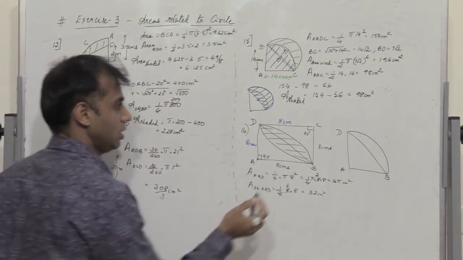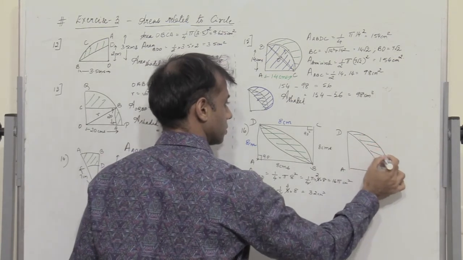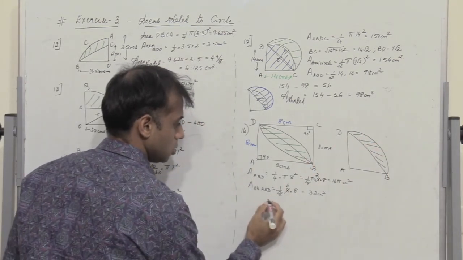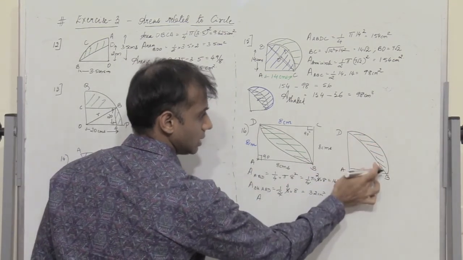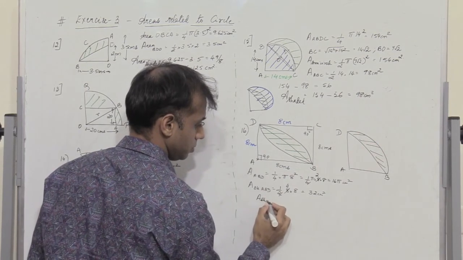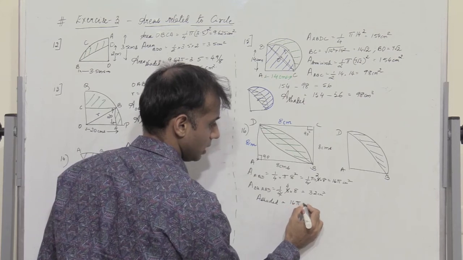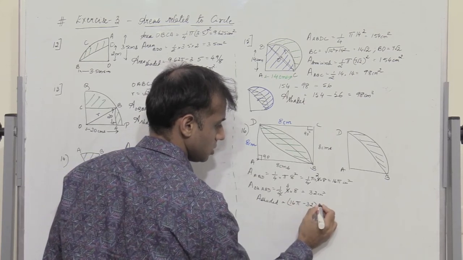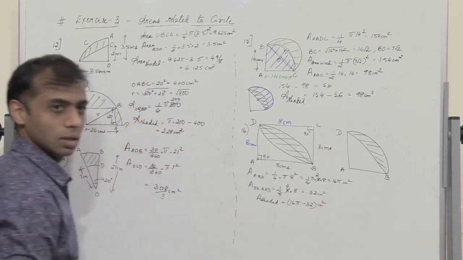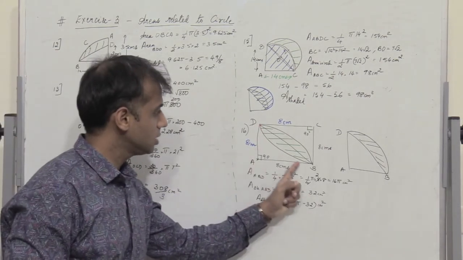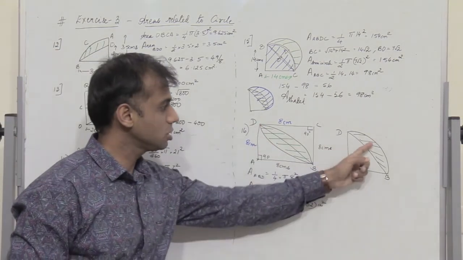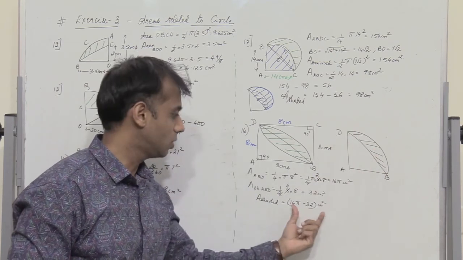So therefore we get this area. The area of this shaded region on one side is 16 pi minus 32 centimeters square. Now similarly I can find this part of the shaded region, which is equal to the area we have found out, isn't it?